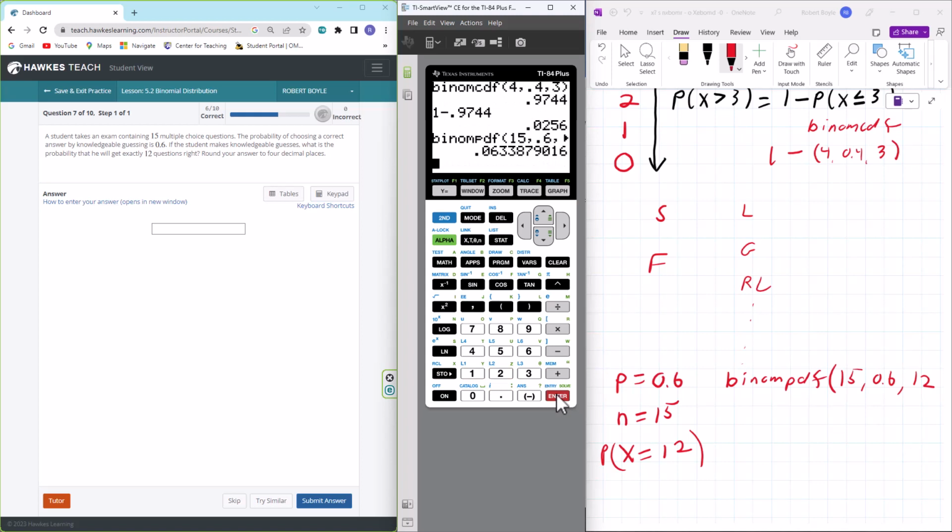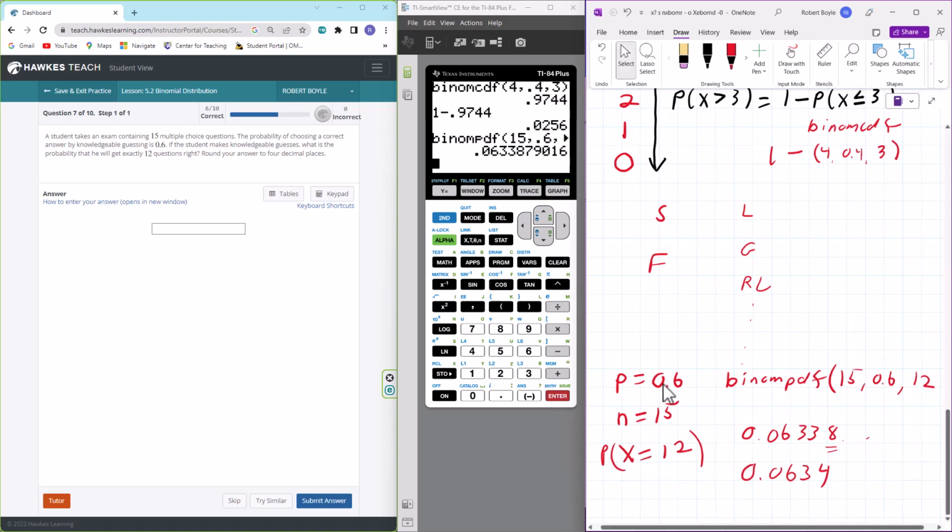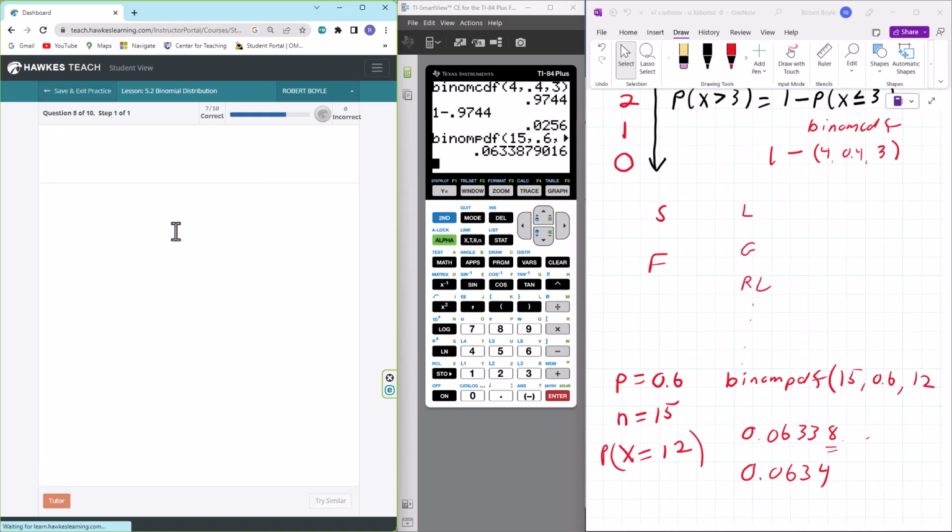And there is our answer. We have 0.06338 and some more numbers. Now notice our fifth decimal place is an 8. That is 5 or greater, so we need to round up, and this will round to 0.0634. Okay, and there we go.